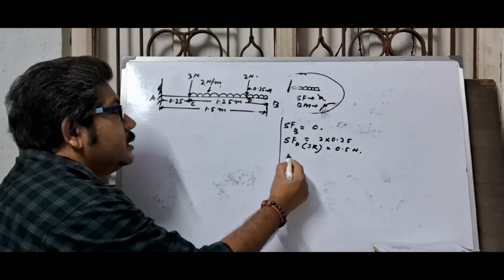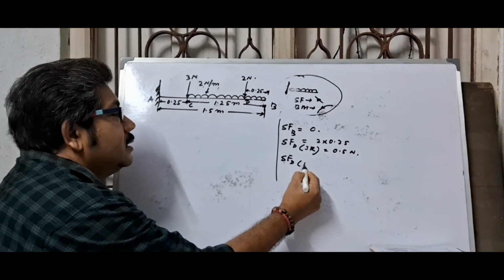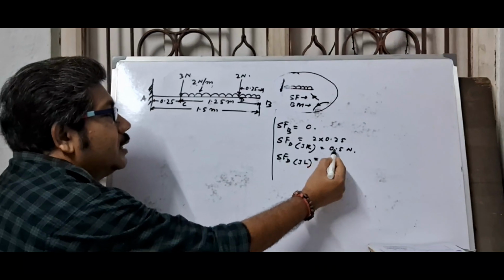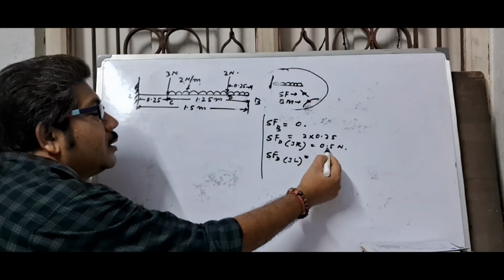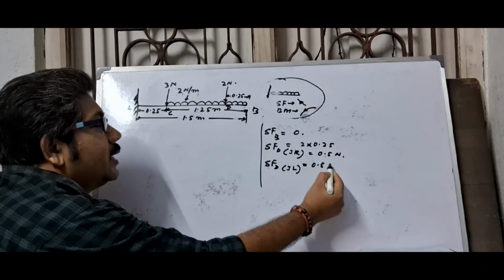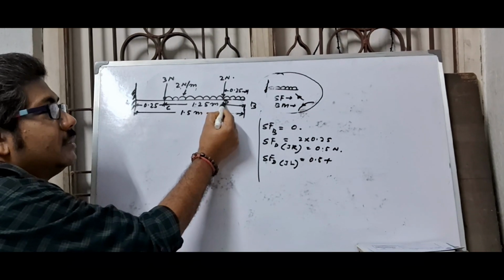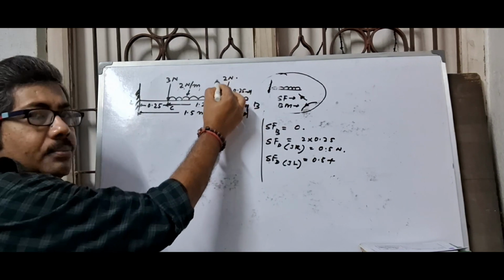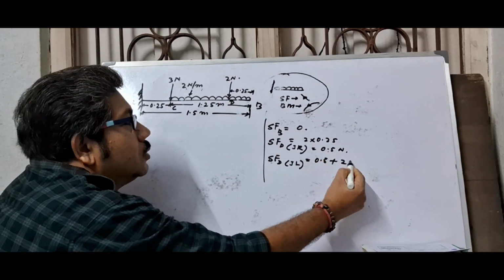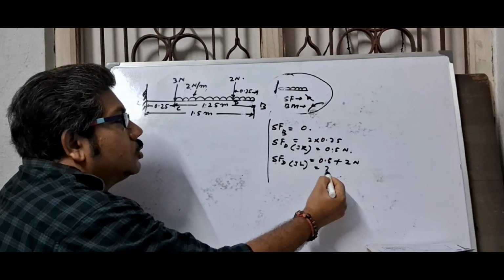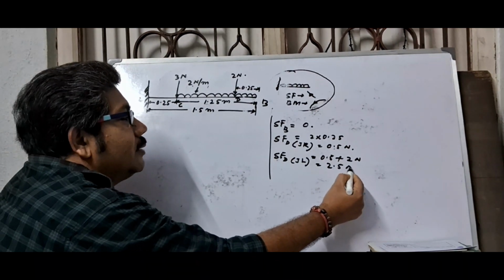Shear force at point D just left: the previous value is 0.5, plus when you touch D, you should take the value of 2 Newton. So this is 2.5 Newton.